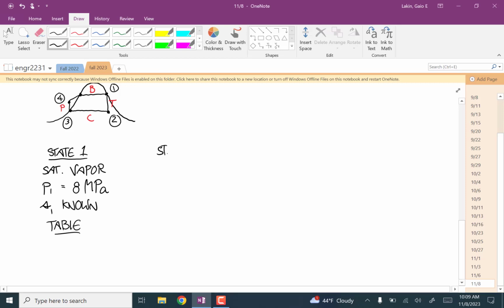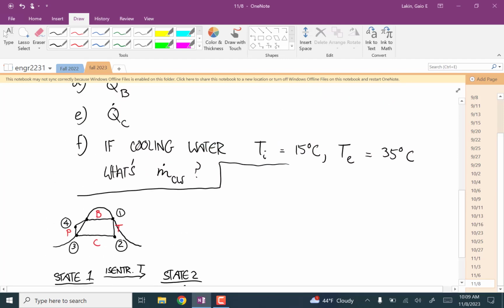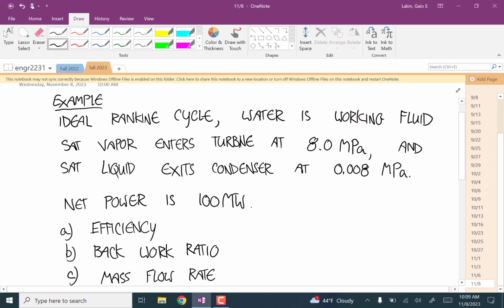Okay, state 2. So this is the isentropic turbine. At state 2, what do we know? We know that it's in the vapor dome, so it's a saturated mix. We don't know what the quality is of that mix. We are given the pressure as the liquid exits the condenser.